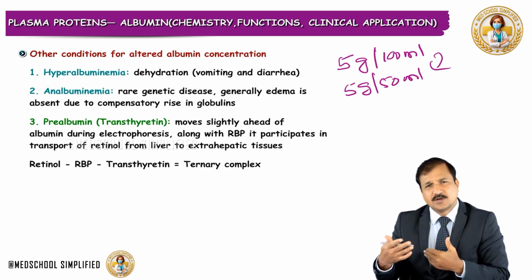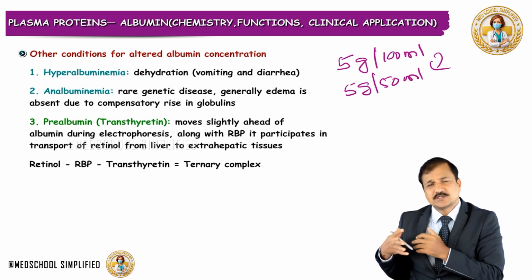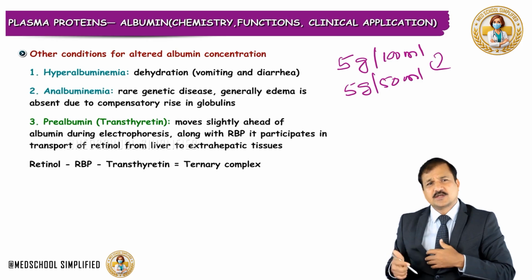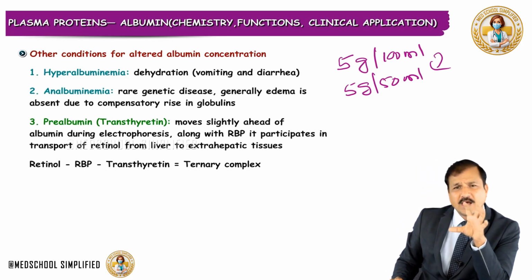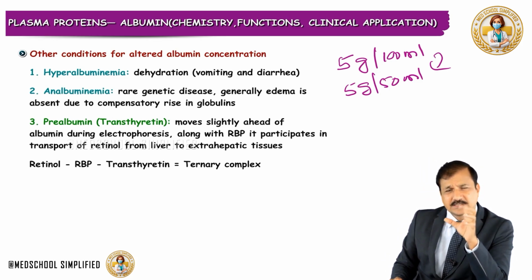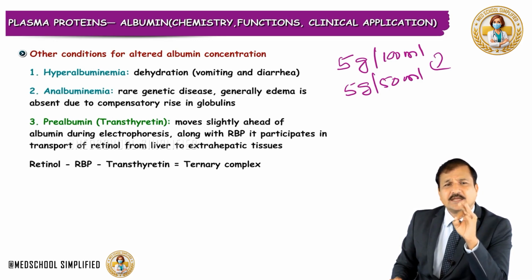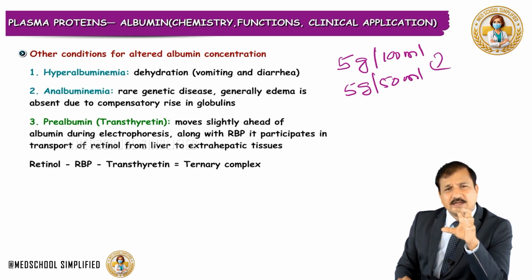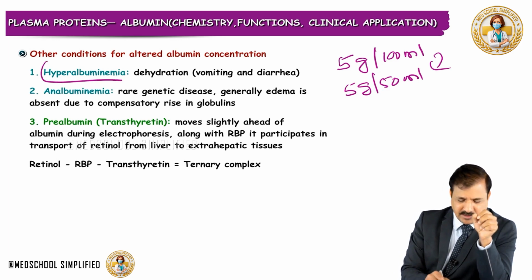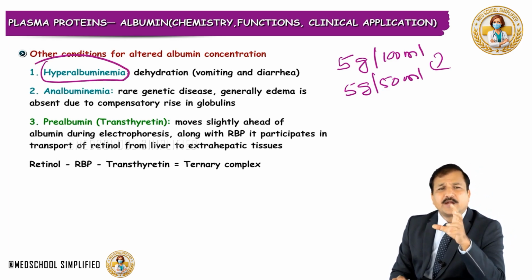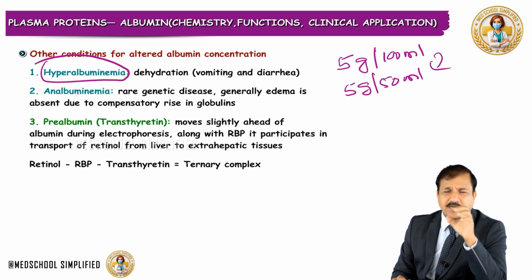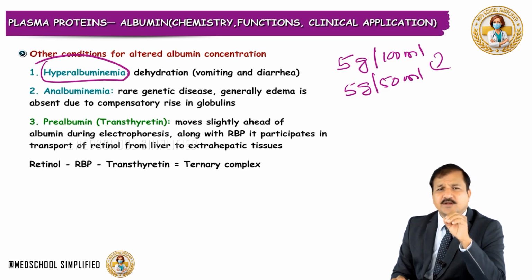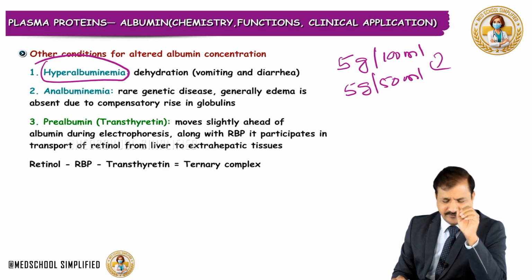It looks like it is doubled, but it is the same amount, only water is taken out. That type of apparent rise in albumin can be seen in dehydration and vomiting. Vomiting and diarrhea are the major causes of dehydration, and that will lead to apparent hyperalbuminemia by changing the albumin-globulin ratio that you need to be aware of.